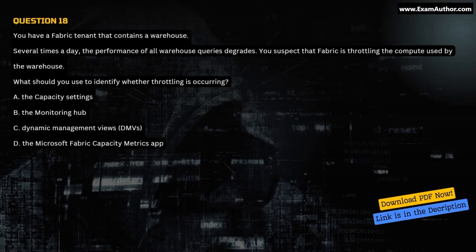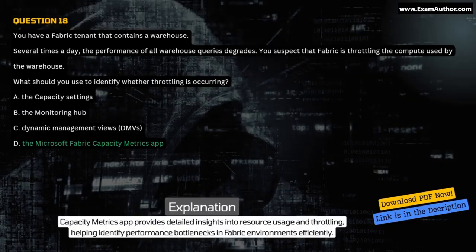D. The Microsoft Fabric Capacity Metrics app. Correct answer D. The Microsoft Fabric Capacity Metrics app. Explanation. Capacity Metrics app provides detailed insights into resource usage and throttling, helping identify performance bottlenecks in Fabric environments efficiently.